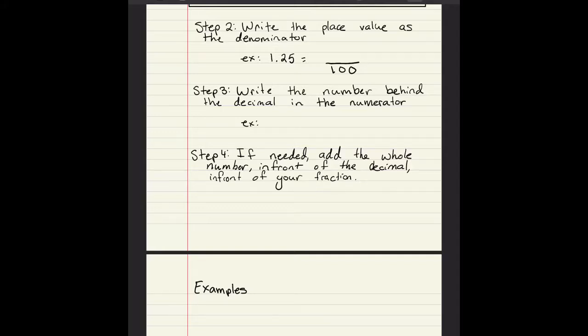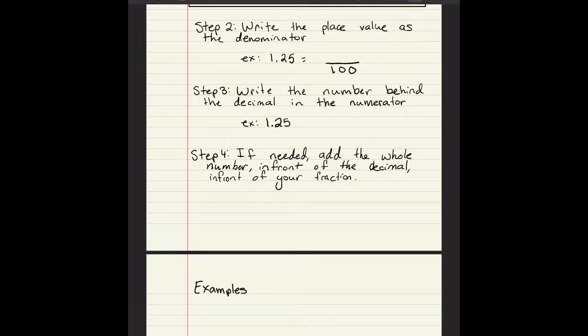And now for step 3, write the number behind the decimal in the numerator. So not just 5, you're going to write the whole number. We're working with 1.25.